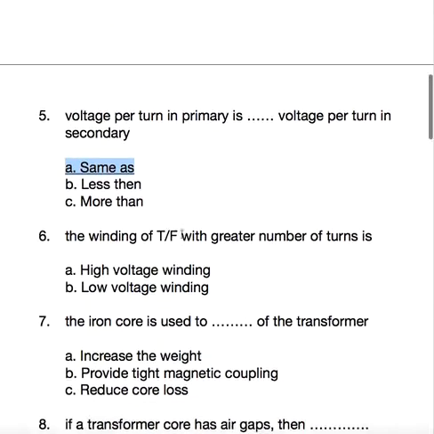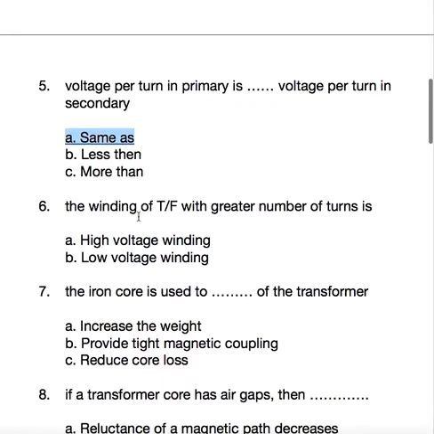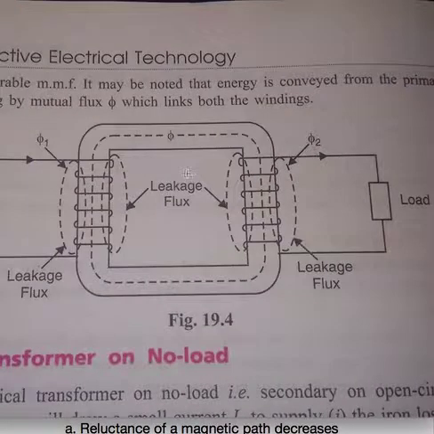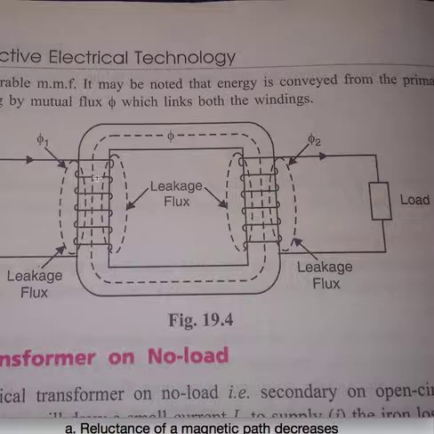Next. Okay, the winding of a transformer with a greater number of turns is called, as I said earlier, the winding consisting of more turns. This one has more turns and this one has fewer turns. This is from the distribution station. Near distribution, consider we are supplying electric supply to the consumers.